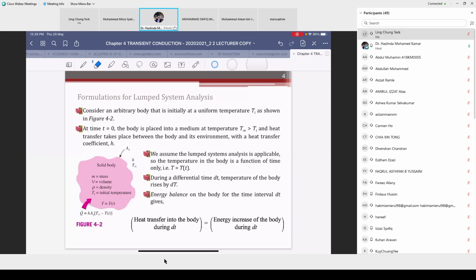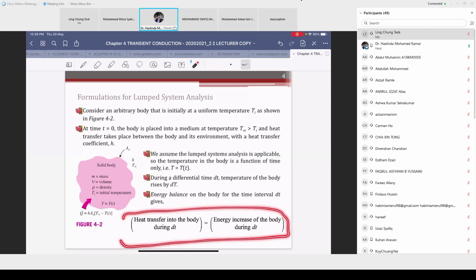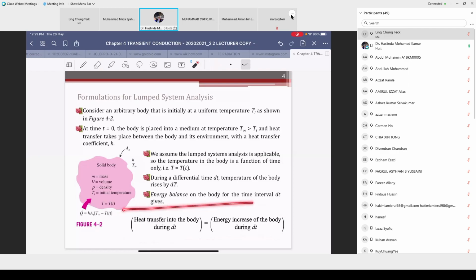So okay, now we look at this slide. I think all of you will find this easy. We usually base on energy balance. We always derive heat transfer equations based on the energy balance on the body.